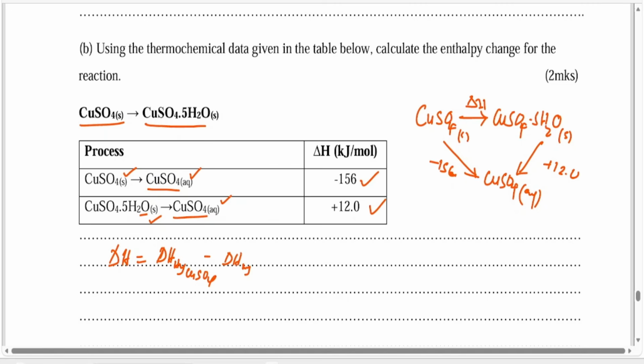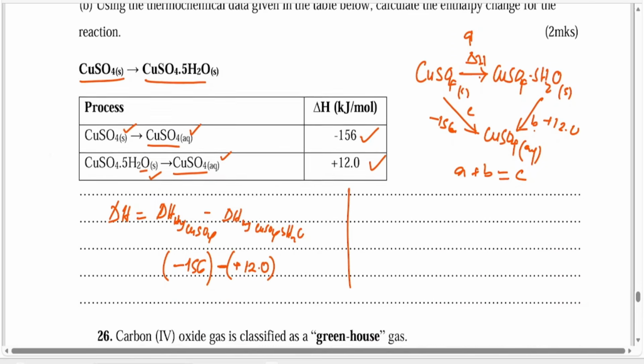Remember, if I call this A, this B, then this C, I shall use A plus B is equal to C. So I'm looking for the A, and I will now have C minus B. So in my case, we are going to have the enthalpy of hydration of copper sulfate, which is negative 156 kilojoules per mole, minus positive 12.0.